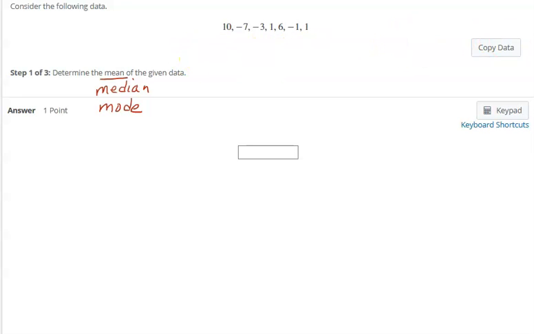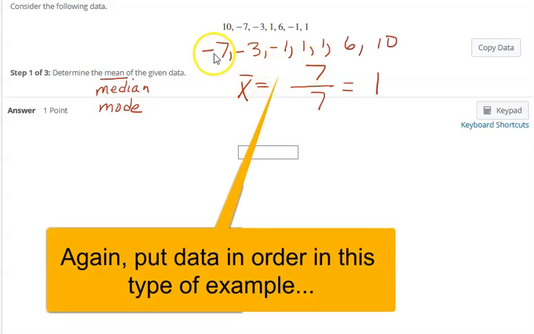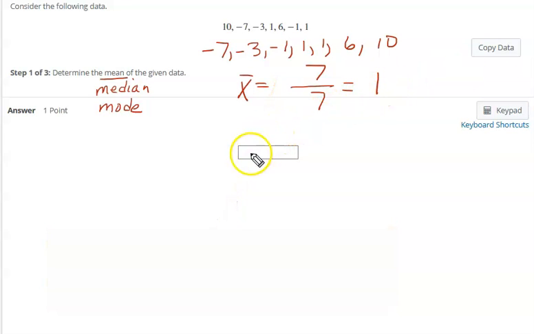Put them in order, and then we'll figure these out. So in adding these up, this is a -10, -11 here, and this is a +18. We get a total then of 7 divided by 7 items gives us a mean here, mode of 1.